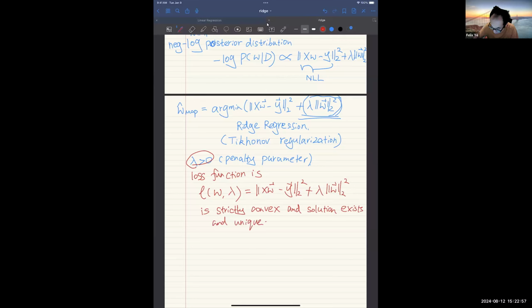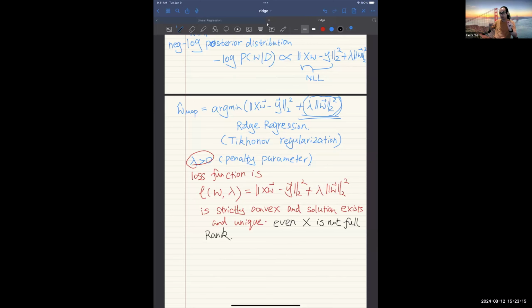So even if X is not full rank. You can see this is an even stronger statement.